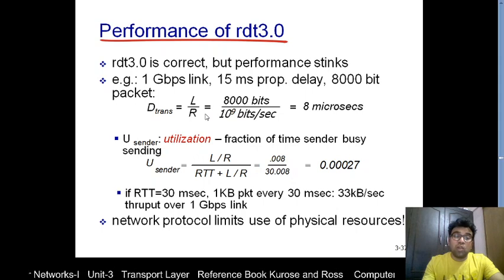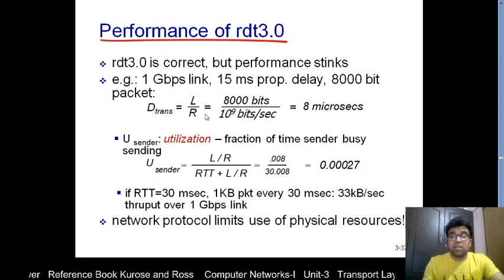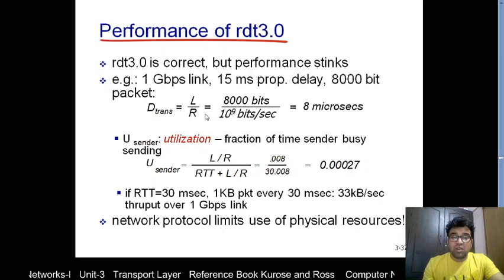Transmission delay is all about number of bits present in a packet and transmission rate. It exactly means time required by a node or a router to push all the bits present in a packet into the link is called transmission delay. So time required by the router, this time is L by R.